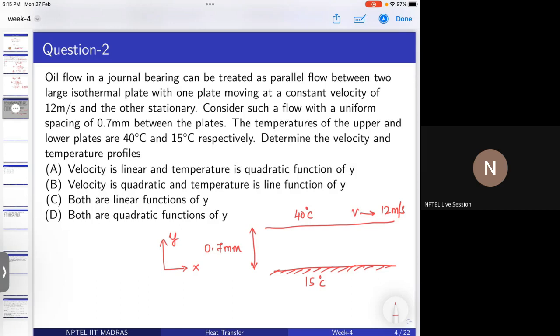So it's called a shear driven flow. There is no applied pressure, so you can take the pressure gradient in the Navier-Stokes equation as zero. If you reduce the Navier-Stokes equation like that, you will get the velocity profile.